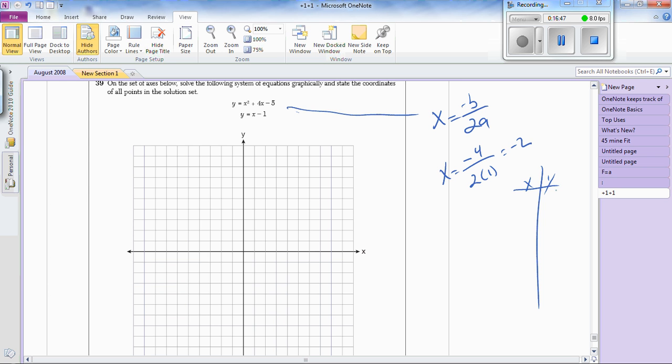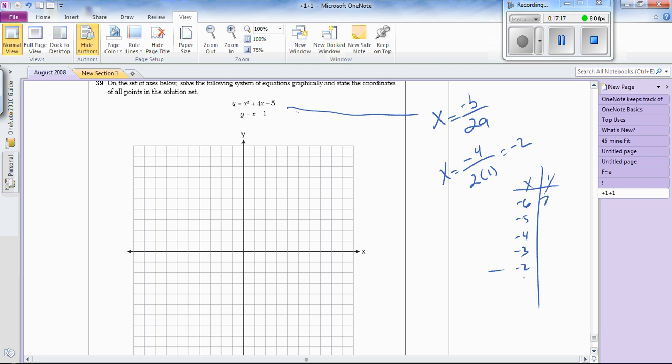X squared plus 4x minus 5. The smallest x I can use on the parabola is negative 6, negative 5, negative 4, negative 3, negative 2.